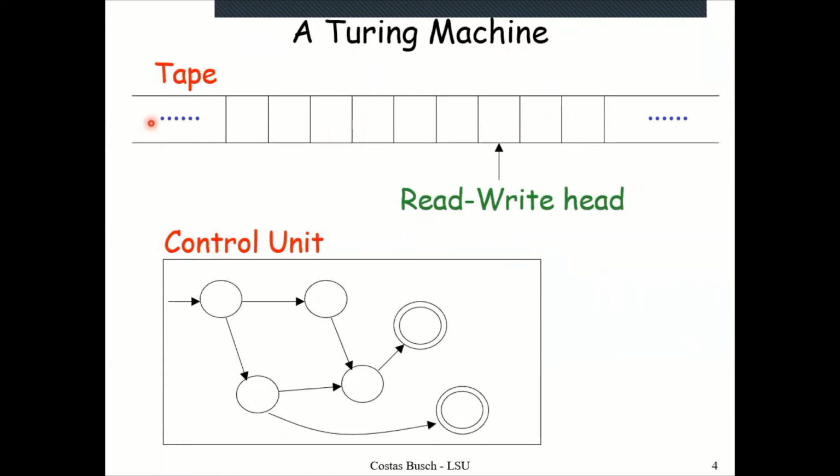For the PDA as well as the DFA, the input tape was only infinite towards the right. Another difference between the Turing machine and the other machines so far is that the reading head of the control unit is also the writing head.